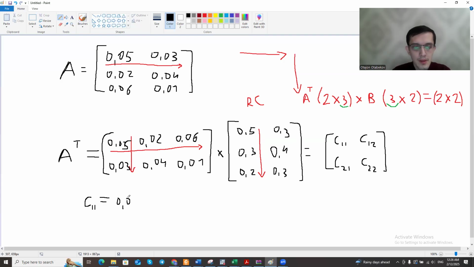0.05 multiplied by 0.5. It is the first element of the matrix B. Then I have the second element of the first row of matrix A transpose, which is 0.02, and multiply by second element of the first column of the matrix B, which is 0.3.